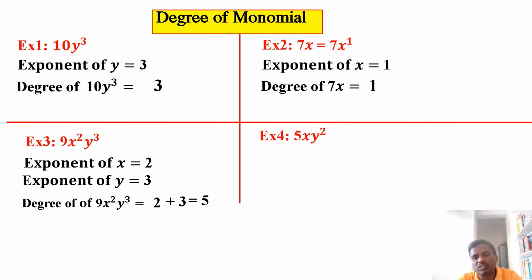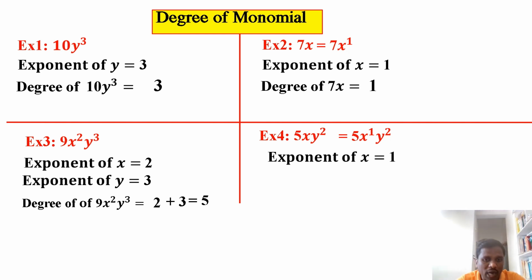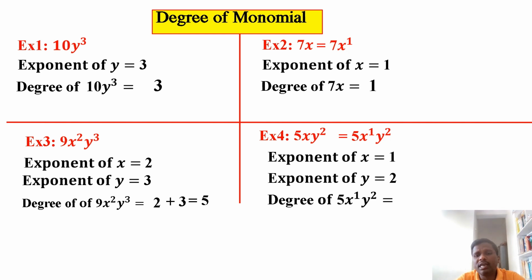And the fourth example is 5xy square. In this example, we express it like this: 5x to the power 1 y square. How many variables are there here? Two variables. What are they? x and y. The exponent of x is 1 and the exponent of y is 2. That's why the degree of 5xy square is 1 plus 2 is equal to 3.